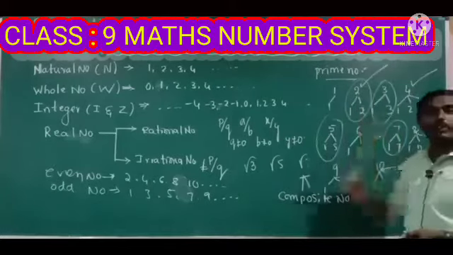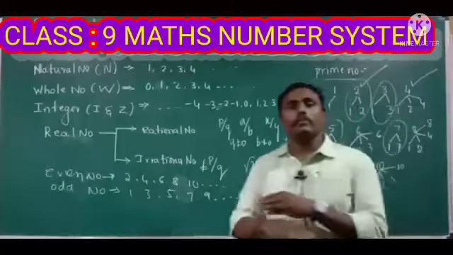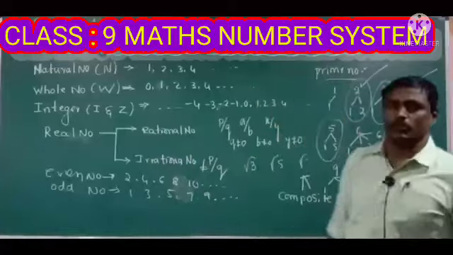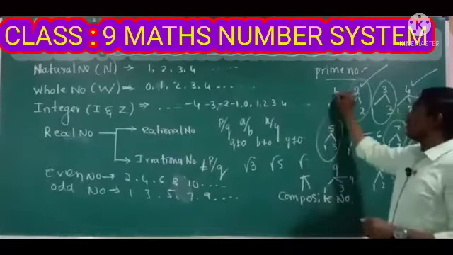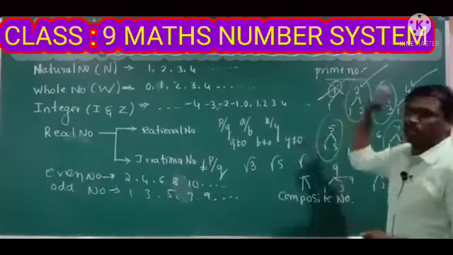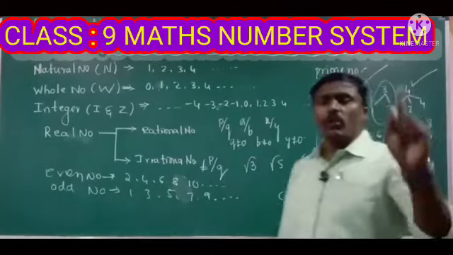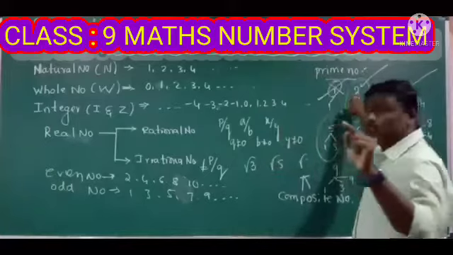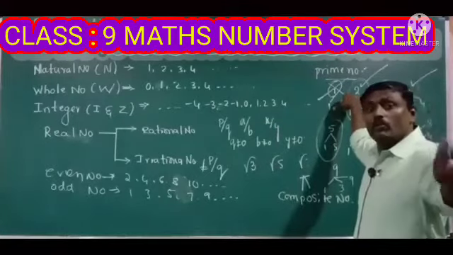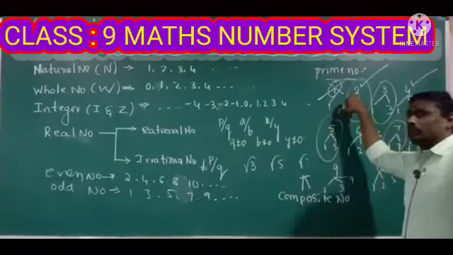Then what about 1? 1 is neither a prime number nor a composite number. And one more thing, 2 is the only even prime number.